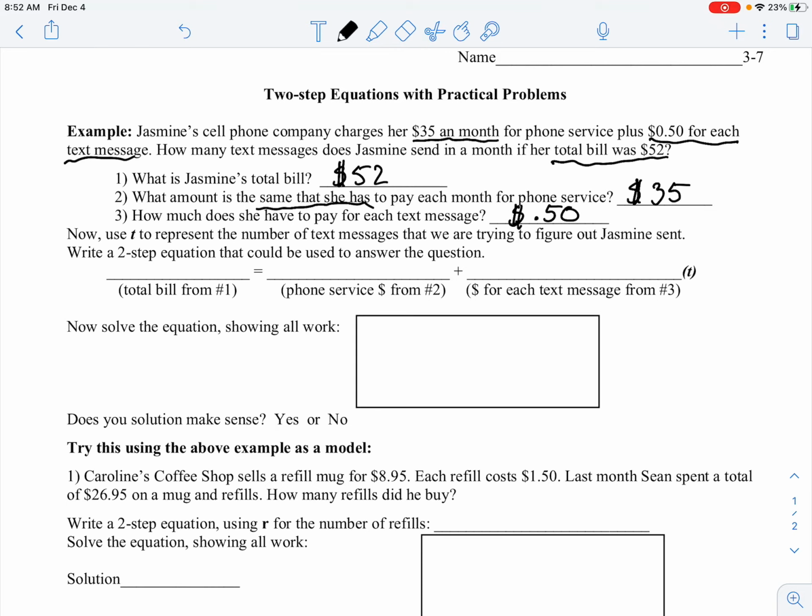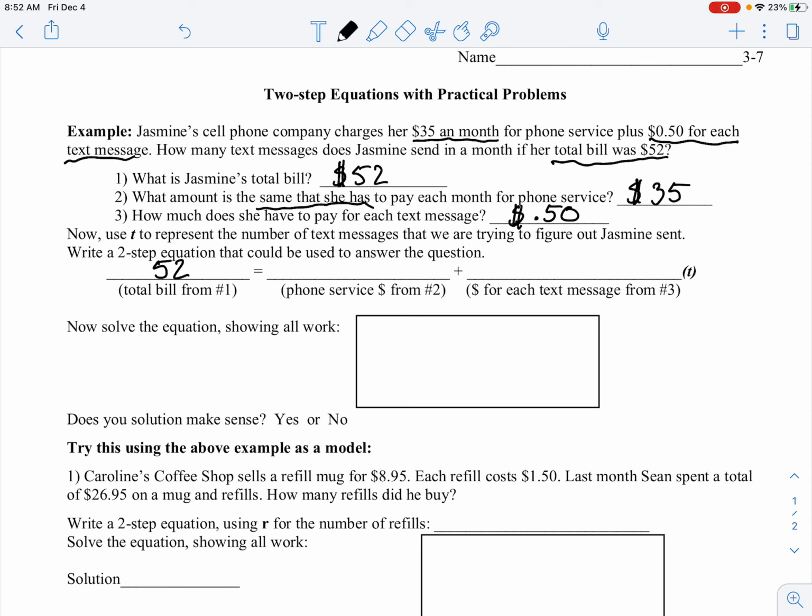So now we're going to build our equation using the information that we got below. We're going to use t to represent the number of text messages. That's what we do when we use variables. We try to make it match with what we're doing so we don't get ourselves too confused. So we're going to write our total from number 1 from up here, so that was $52.